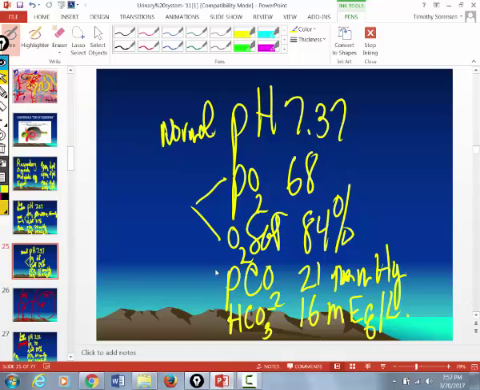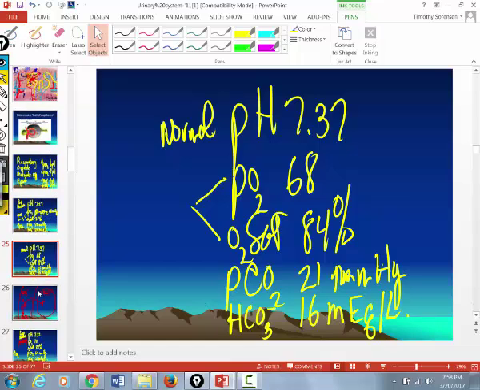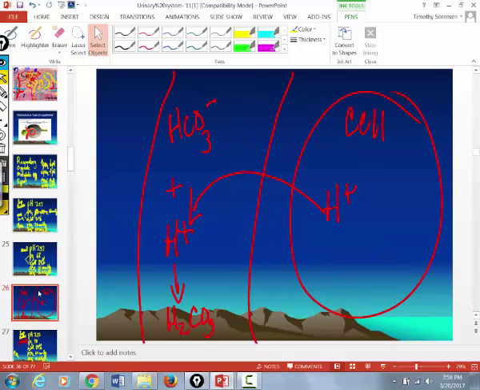So you look at the bicarbonate. The bicarbonate, is it high, low, or normal? It's low, right? So if you look, the cells through metabolism are making more hydrogen ions than normal.